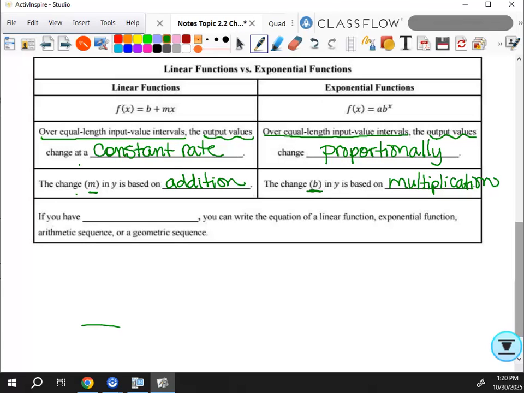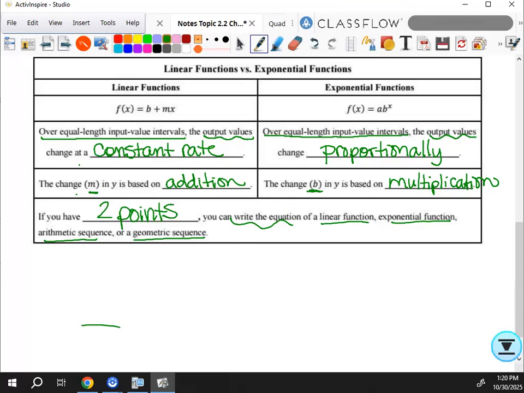All right. So with both of these, what we've done over the last couple of days is if you have 2 points, you can write an equation of a linear function, exponential function, arithmetic sequence, or geometric sequence. Now, they'd have to tell you what you want. Otherwise, you have no idea, or have some context to it, at least, if they didn't flat out tell you.